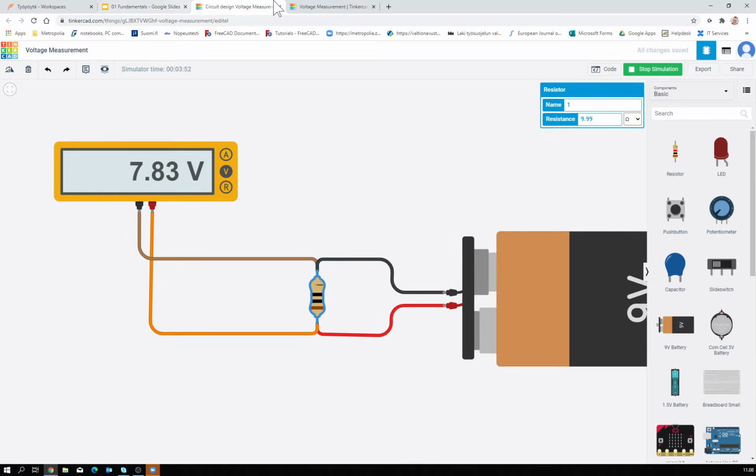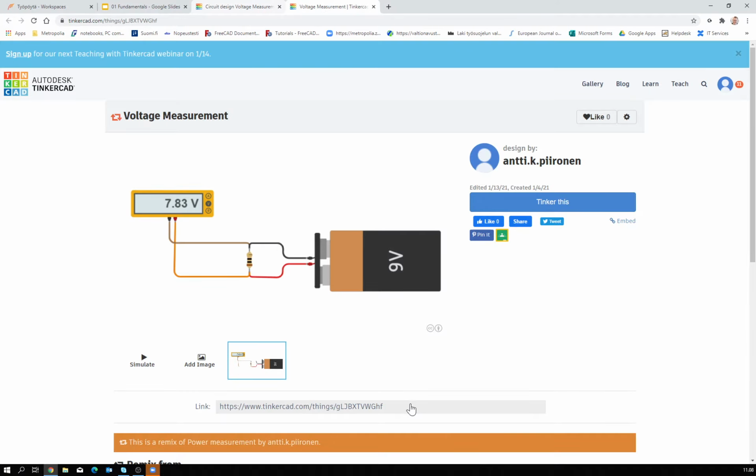I can give you that link in the chat window. I hope the Zoom will work. There we go, on the chat window there's this link. It's also in the slides presentation. Okay, got it. Thank you very much. Now you can go and click and start tinkering.